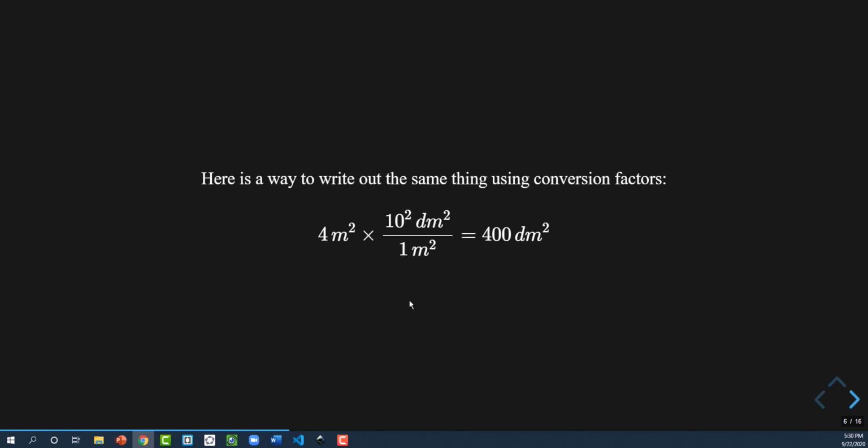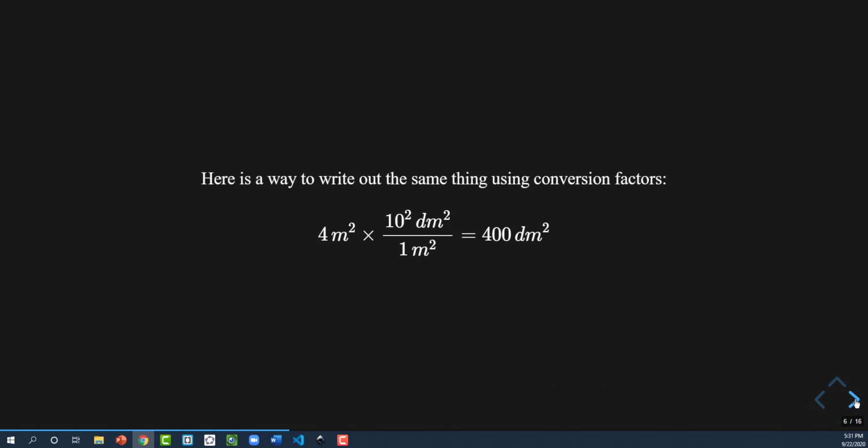Well, it would be 10 decimeters by 10 decimeters, and that would be 10 to the second, or 100 decimeter squares. Set up correctly, the units will cancel. We know from the previous tutorial we're not going to divide by 100 but multiply, and we have techniques to make sure we don't mess that up. So the answer is going to be 400 decimeter squares.